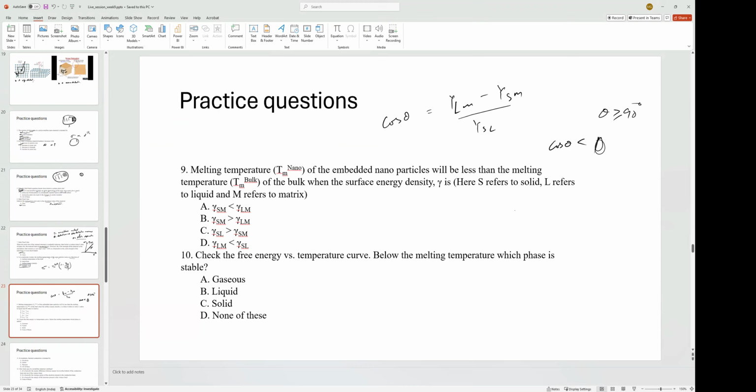So gamma Lm minus gamma Sm is less than 0. So gamma Lm will be less than gamma Sm. B option. Correct. Check the free energy versus temperature curve.